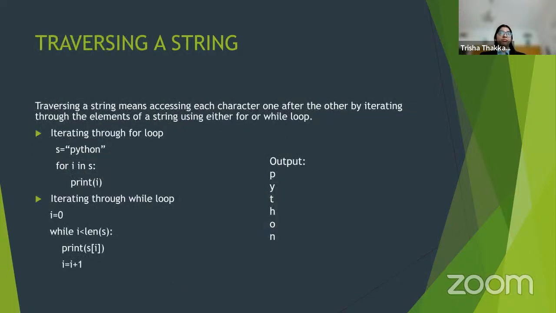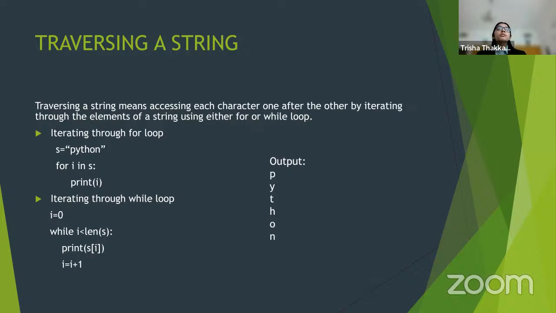Traversing a string. Traversing a string means accessing each character, one after the other, by iterating through the elements of a string. And this is done using either the for loop or the while loop. Iterating through the for loop. The code for this is: s is our string, which is given the value Python, for i in s, print i.